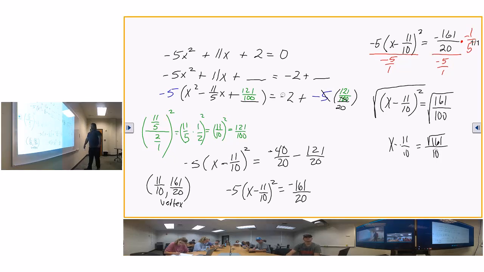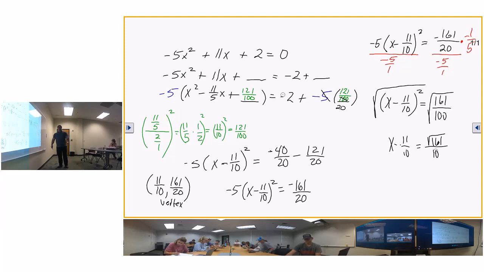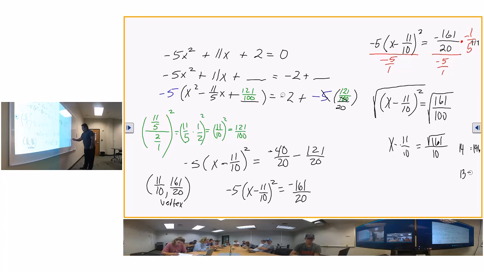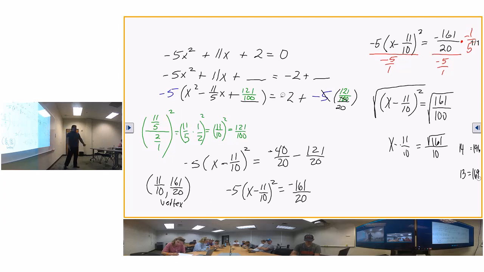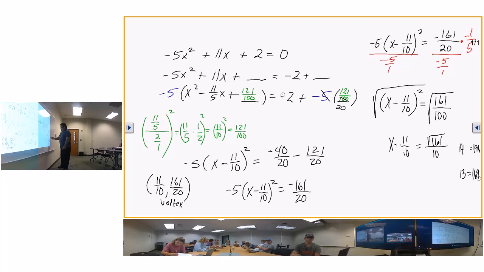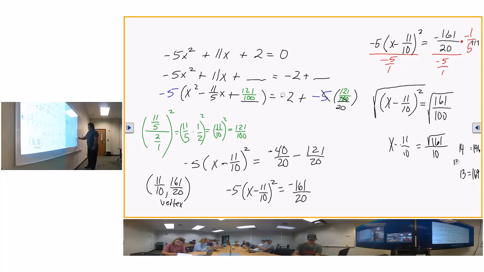Now, square root of 161, I remember that 15 squared is what? 225, so that's too high. 14 is 196. 13 is equal to what? 169. Should you know those? Yes. All college students should know their perfect squares up to 15. Okay? So in the middle is 13 and a half.